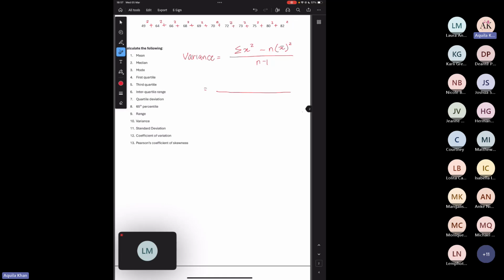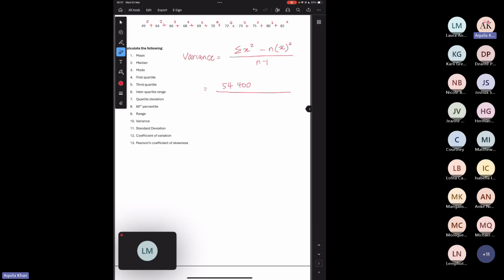So you know what you're doing and then work it out. You only need to put in the final answer. So when you square 49, and you can actually just put it like this onto your calculators as well. Your calculators will just literally allow you to say 49 squared plus 64 squared plus 66 squared and so on.